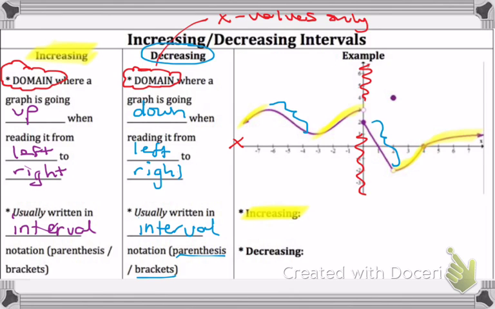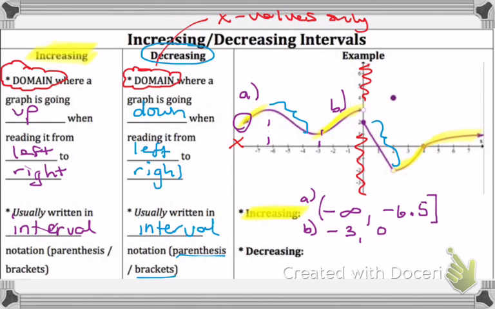So we're going to write an interval of increasing from negative infinity until about negative 6.5. So negative infinity to negative 6.5. That negative 6.5 is included and negative infinity is not included. The next area where it's increasing, we'll say A right here, so this is A. B would be this one, and that is from about negative 3 to 0.